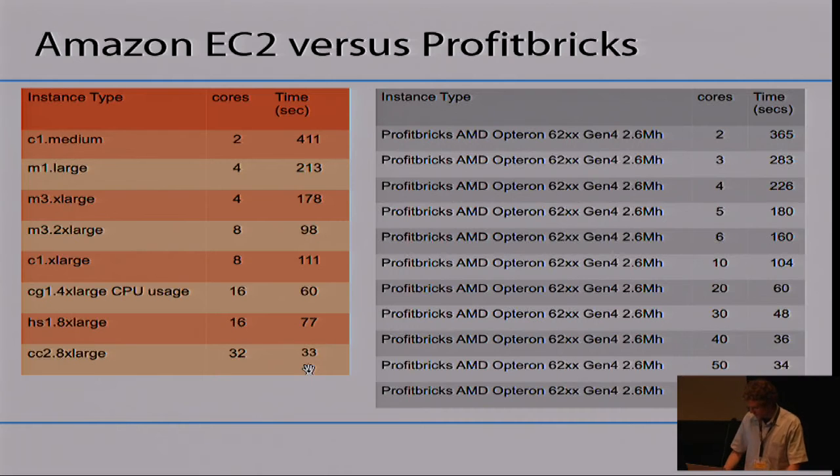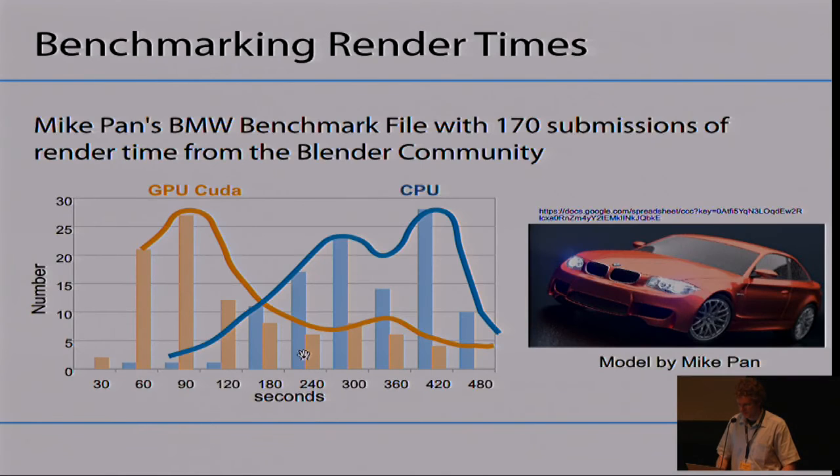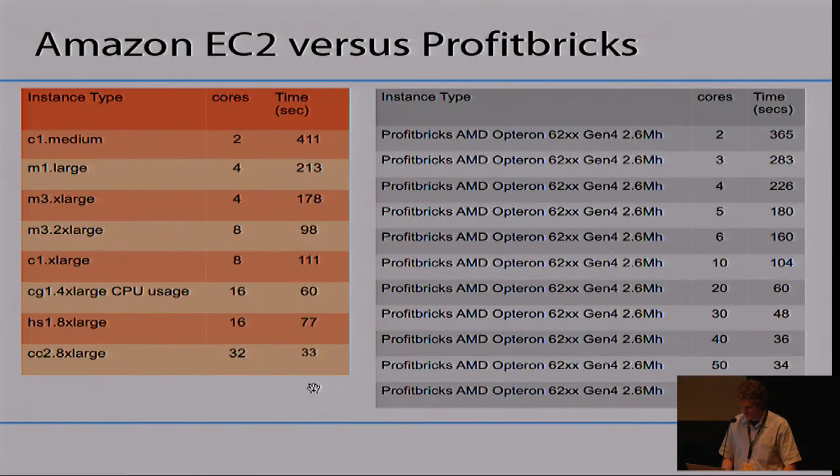And what is very interesting is that you can compete with a purely CPU-based rendering system. You can compete with the fastest GPU that is mentioned here in this list. So the fastest is about 20 to 30 seconds, and we can reach 33 seconds with the largest Amazon instance type.